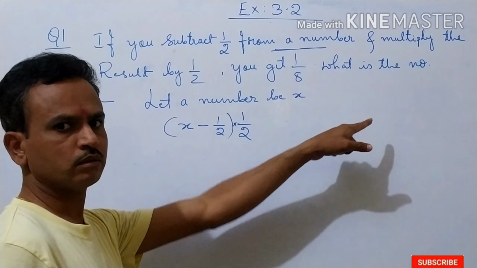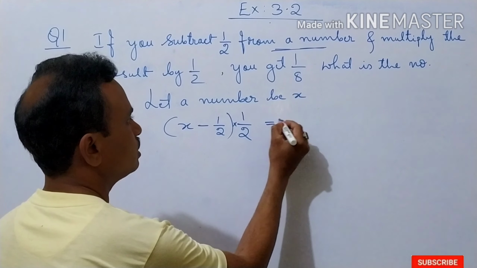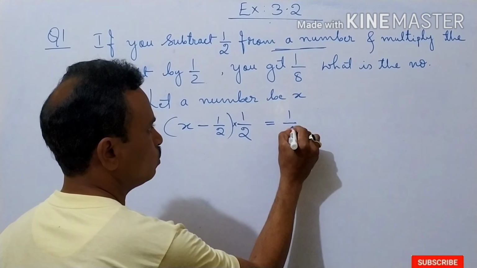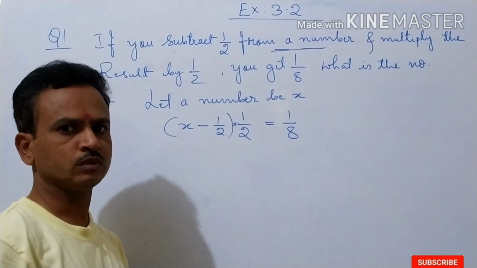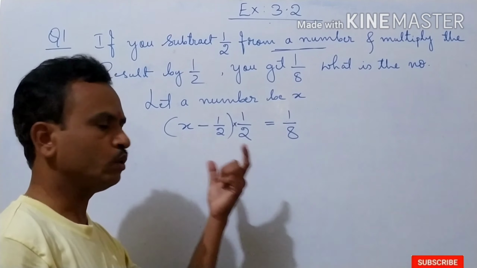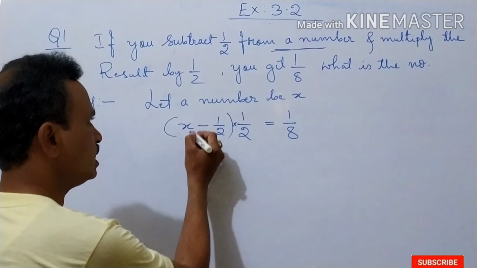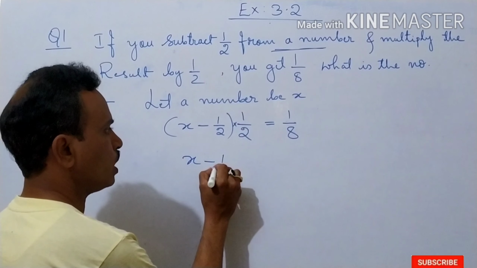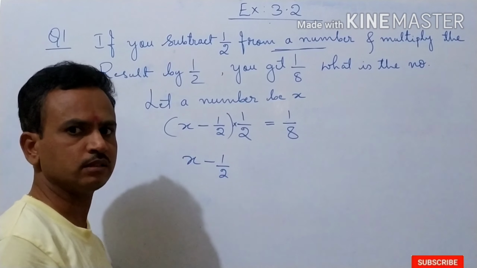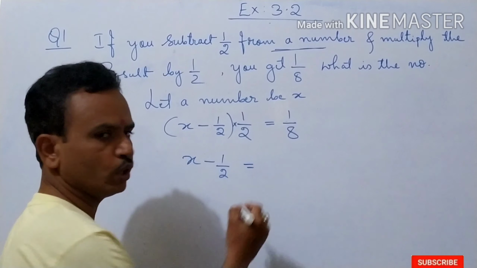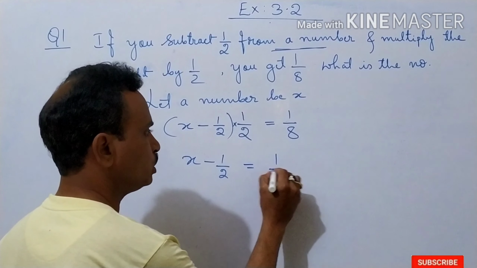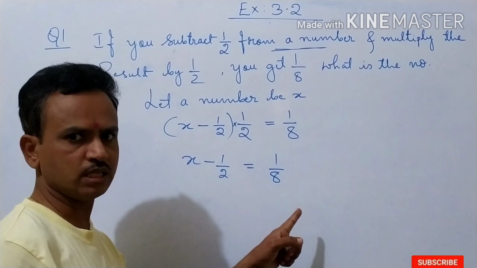You get, that means this is equal to 1 by 8. Now here we should find the x value. This x minus 1 by 2 you should keep as it is. Then this is equal to 1 by 2. 1 by 8 you should write as it is.